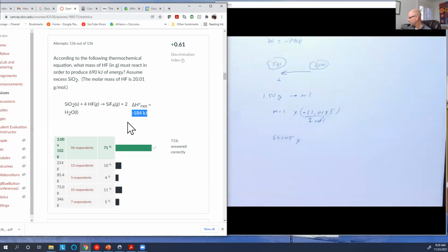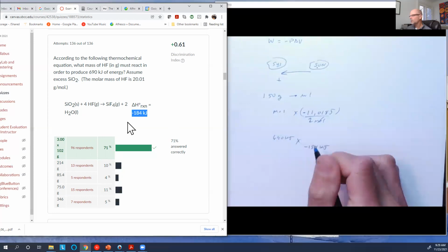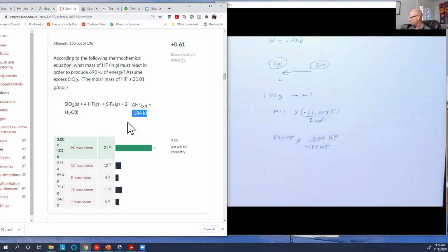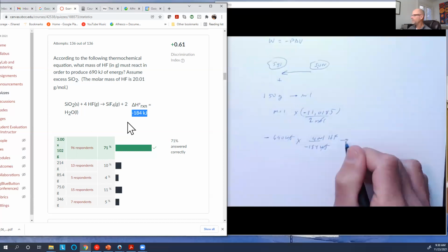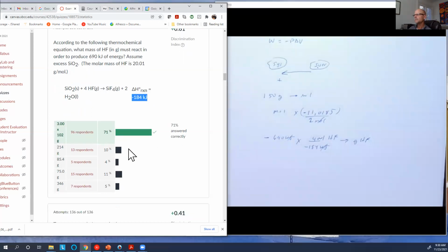You have minus 184 kilojoules per 4 moles of HF, and that 4 there is the critical part. You want to produce 690 kilojoules, so that's negative. That's going to give you moles of HF, and then you can go to grams of HF from there. That's going to give you this number, which is the correct answer.